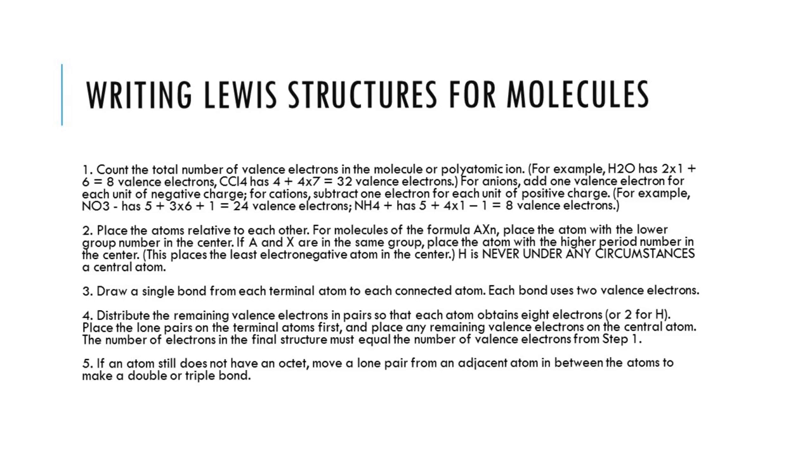Place the lone pairs on the terminal atoms first, and place any remaining valence electrons on the central atom. The number of electrons in the final structure must equal the number of valence electrons from step 1. If an atom still does not have an octet, move a lone pair from an adjacent atom in between the 2 atoms and make a double or a triple bond.